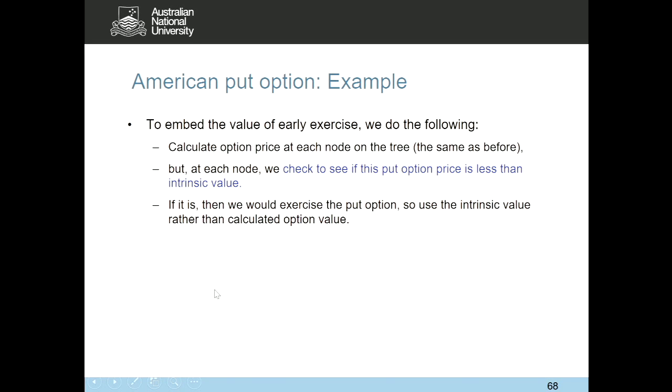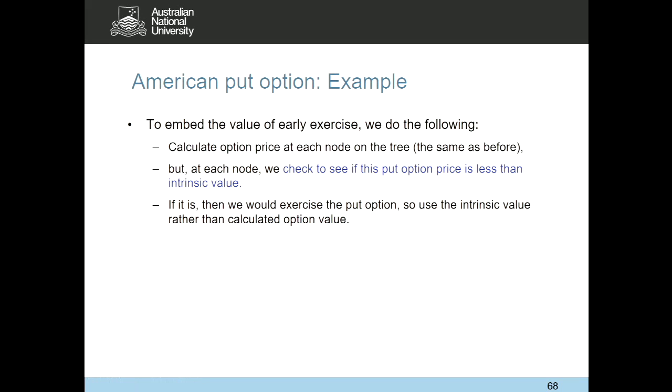Okay, so what we're going to do is calculate the discounted value at each node of the tree, which is the same as before. Then there's one little extra step. At each node, we check whether or not the discounted value is less than the intrinsic value.